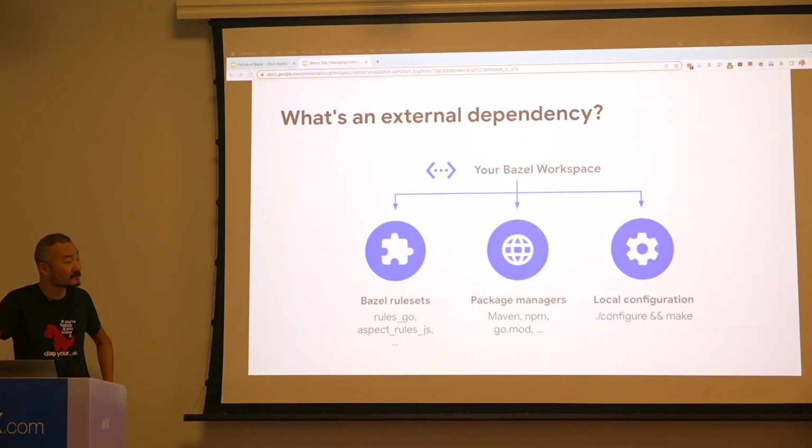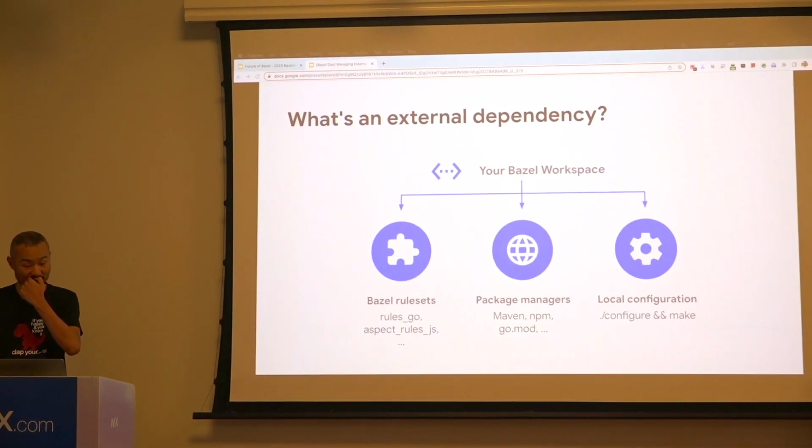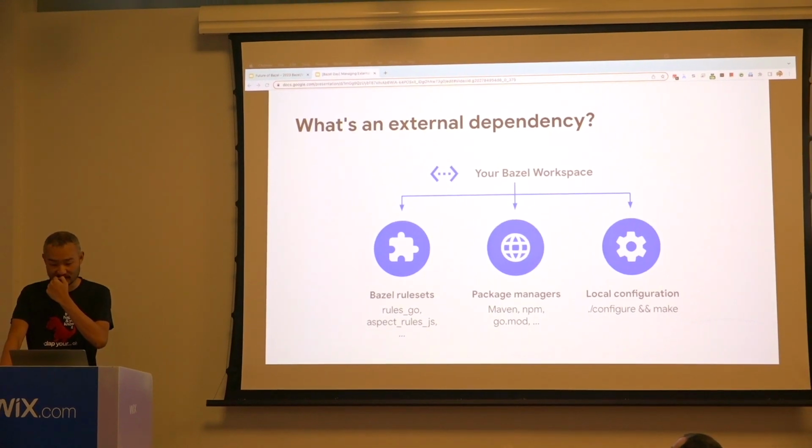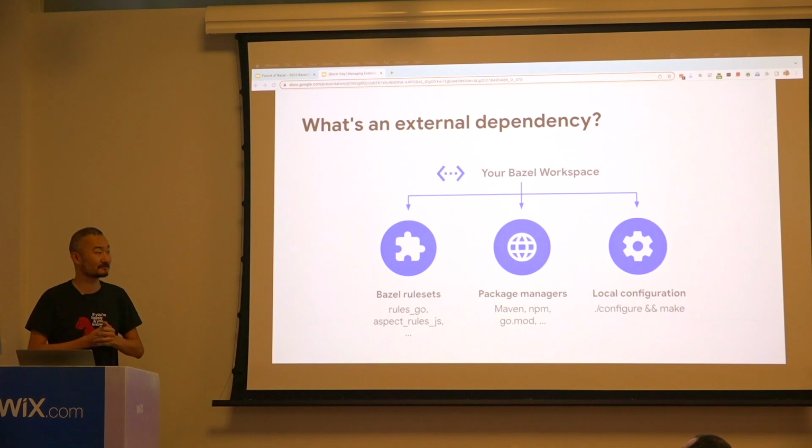And also, an external dependency doesn't necessarily come from the internet. Certain builds can make use of toolchains installed on your local machine, for example C++ builds in particular. Configuration of such toolchains often happens before the build actually runs.